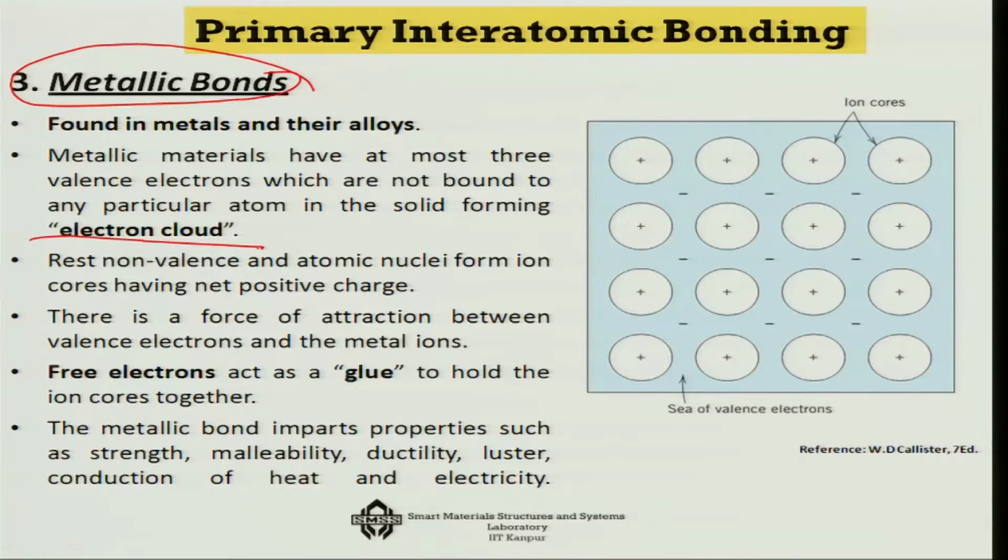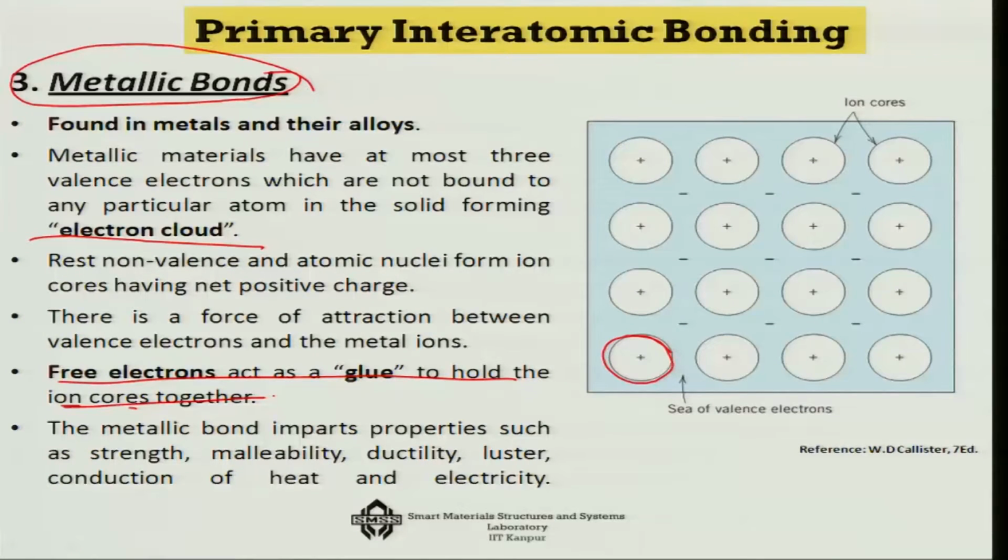So, you can define a metal as the core part, which is positive, each one of them ionized, with a glue of free electrons all around it, which act as a glue across all the ion cores. That is what makes this kind of metallic bonding.